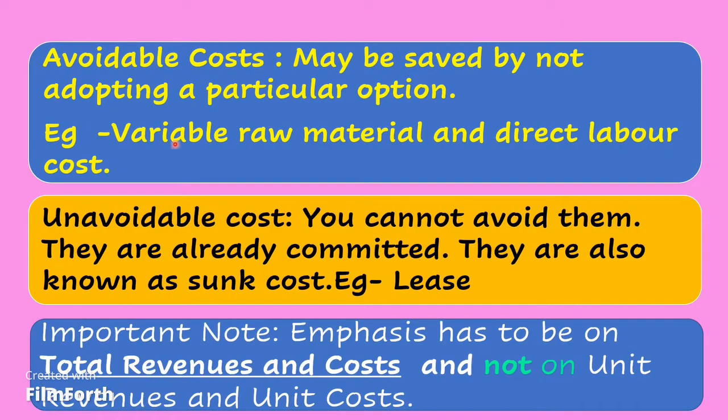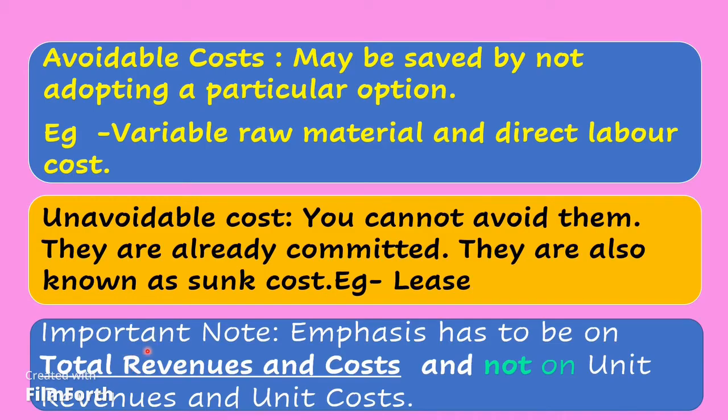Avoidable costs, as I already discussed, they may be saved by not adopting a particular option. For example, variable, raw material and direct labor cost. Unavoidable cost, we cannot avoid them. They are already committed. They are also known as sunk cost, for example, lease payments that we have already incurred.